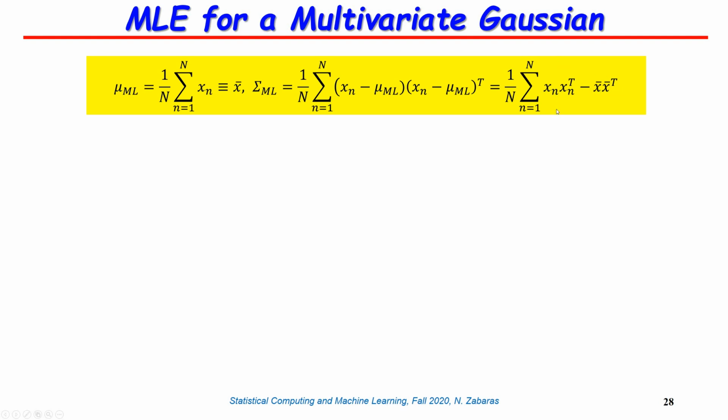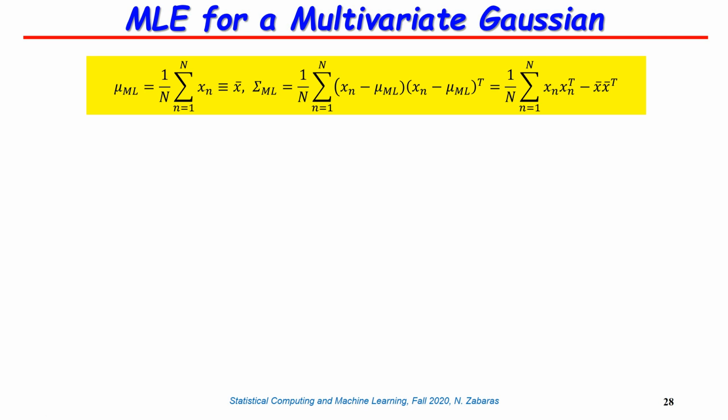The reason I give you this expression is that often you may need to approximate this summation, and so you can easily write it in terms of the MLE sigma and also x bar x bar transpose, where x bar is the MLE estimate of the mean.